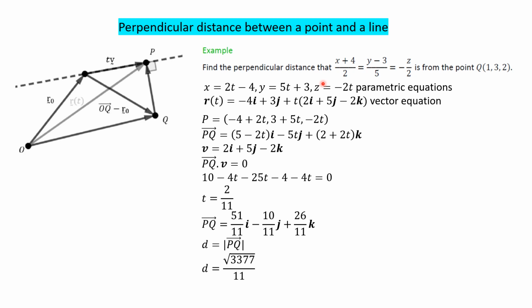Alright, so once you have got x, y, z, you can form the vector equation. Now, the point P. So P could be anywhere on that line.